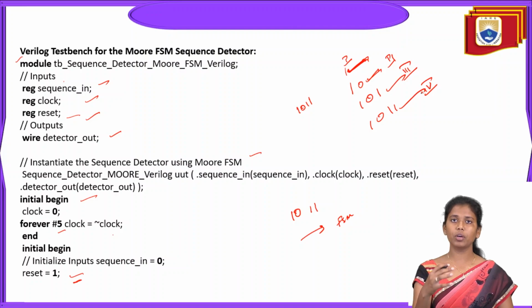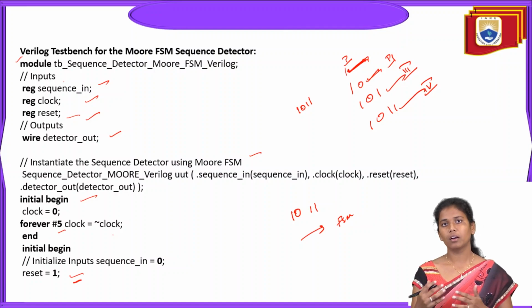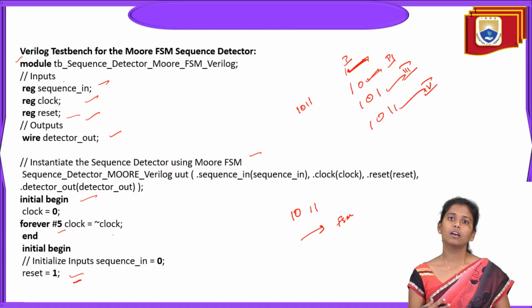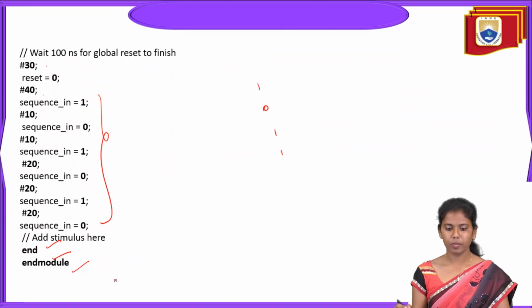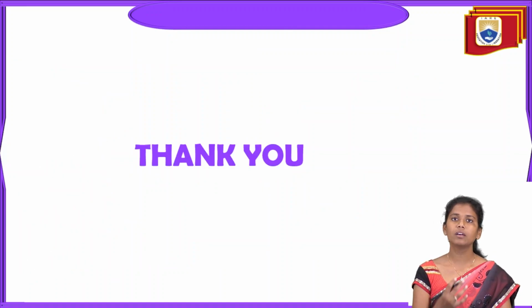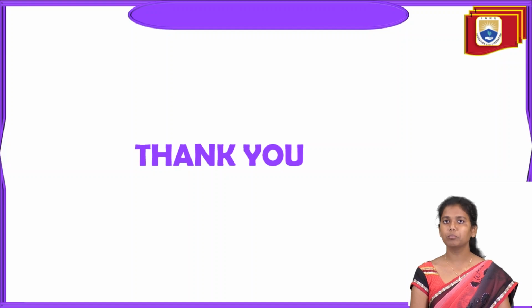So you have to detect the bits in sequence based on the conditions. If not, else what? Finally, after getting all these 4 bits, you need to end the case, then end begin, end, and finally end up with this end module. Okay, so this is how you have to write the code. I hope you all got this particular problem based on the FSM 1011 Moore detector.